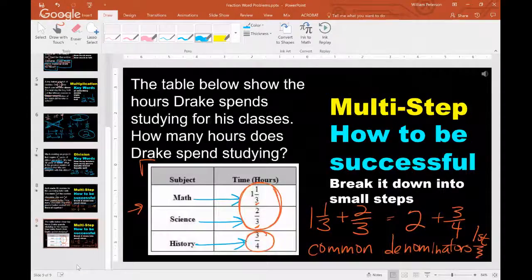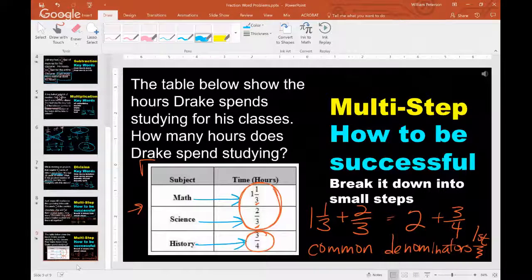The golden part of all this is going to be multi-step. For multi-step, you might see tables like this show up, where in this case you're just doing a lot of addition. Or you might have to read the problem carefully and do a bunch of little operations. You might have to do multiplication, then multiplication again, maybe a third time, then add all three together and maybe subtract from a total.